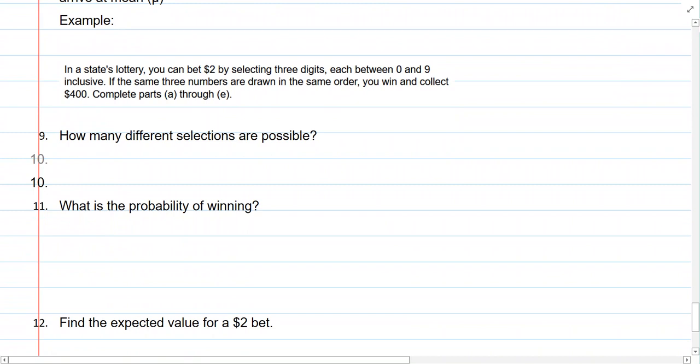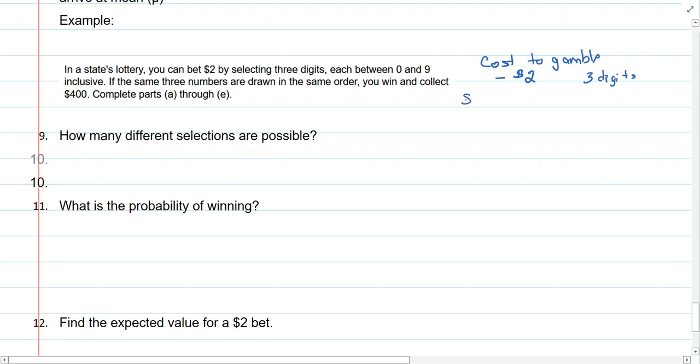In a state lottery, you bet $2 by selecting 3 digits. So the cost to gamble is $2. Now you're already in the hole $2 for 3 digits from 0 to 9 inclusive. So the cardinality of the set that we're making the numbers from is 0 to 9.